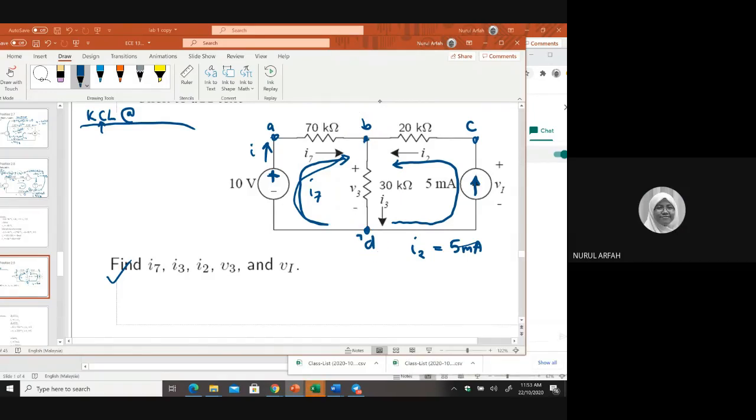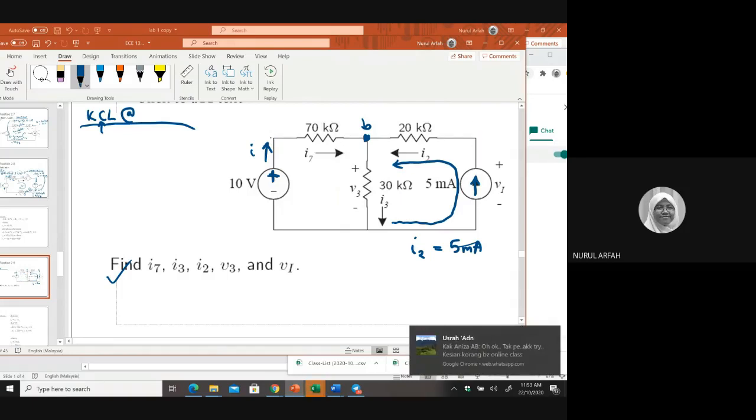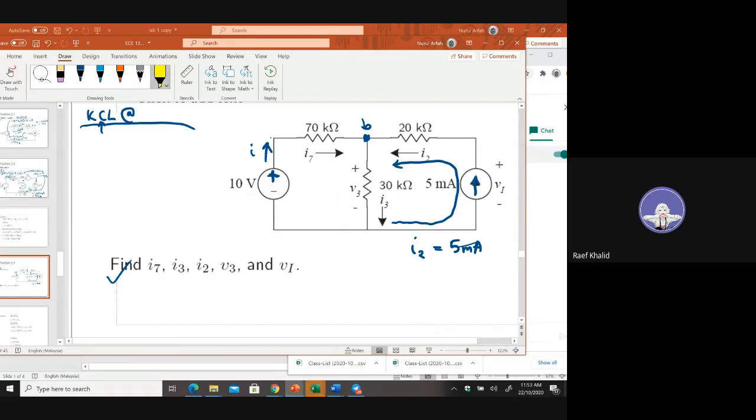Now maybe to make life simple, we apply at B. So how many elements are attached to B? 3, this one, and this one.